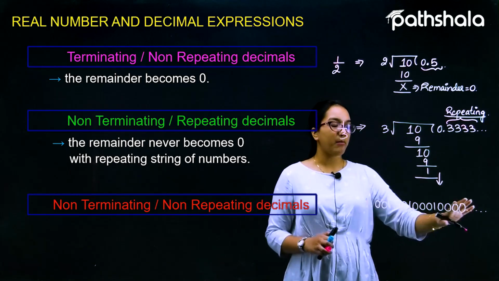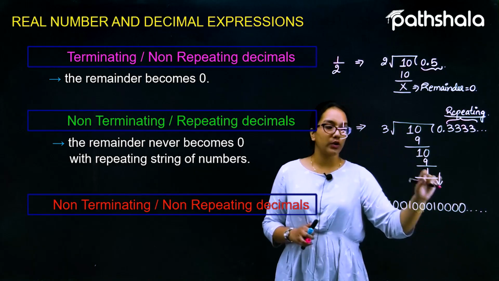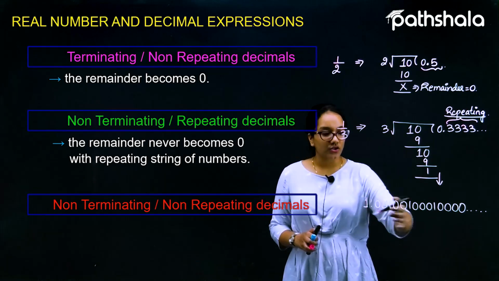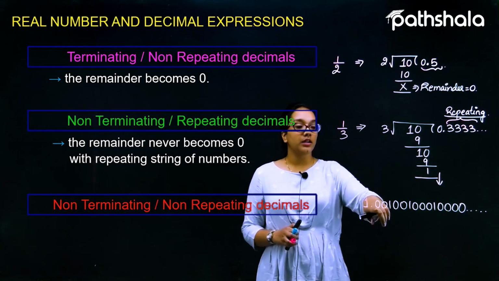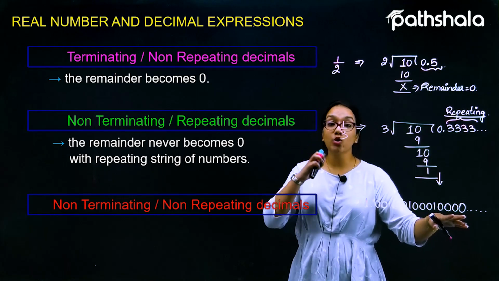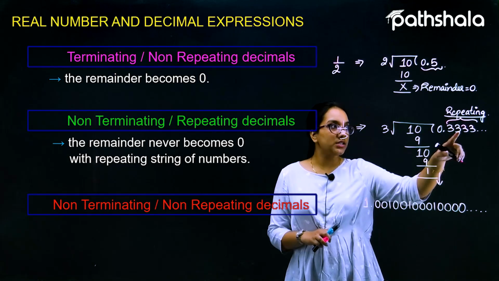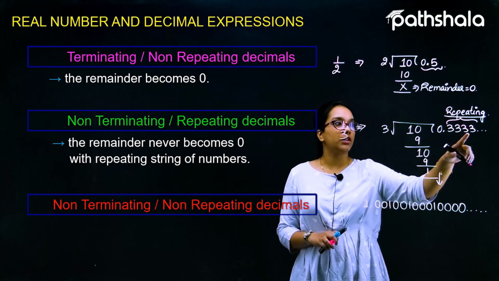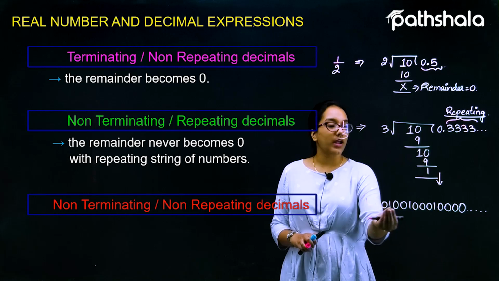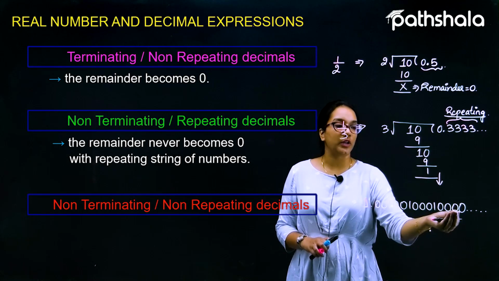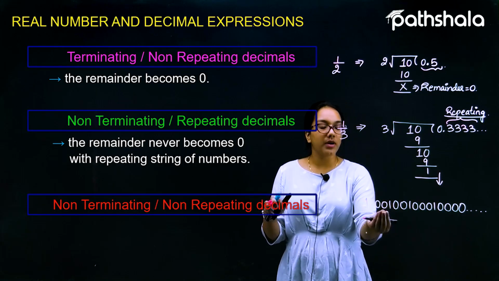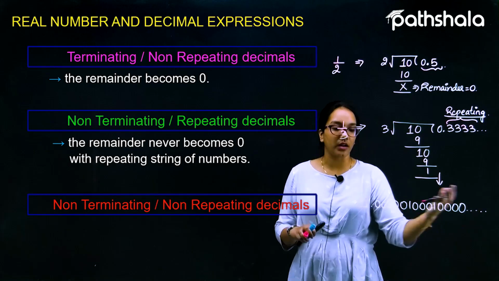Such a number is not terminating at all, because its remainder can never be 0, and the numbers in the quotient are not terminating, but they are not repeating themselves either. For instance, in 0.333 we know the number 3 repeats again and again, but here no such pattern can be seen, because the strings of numbers are all in different patterns.